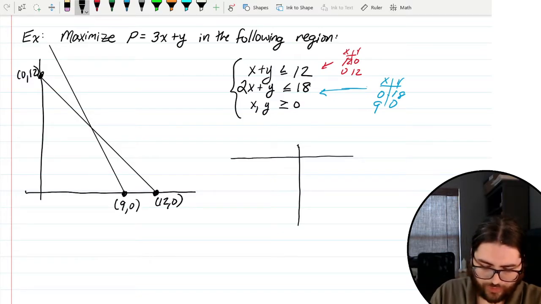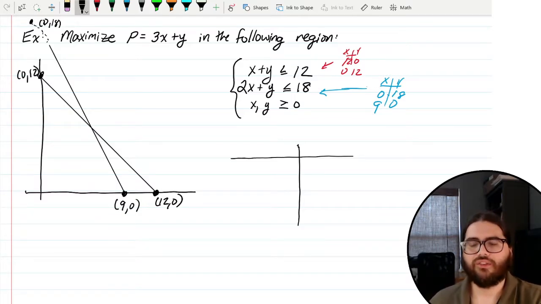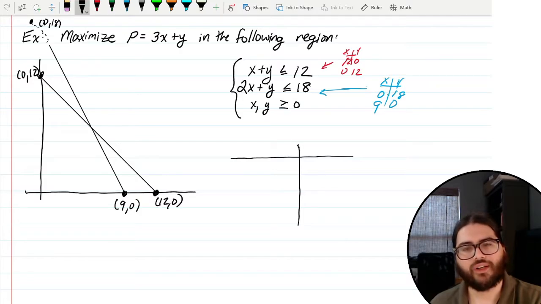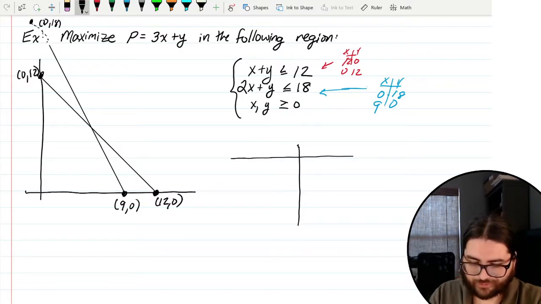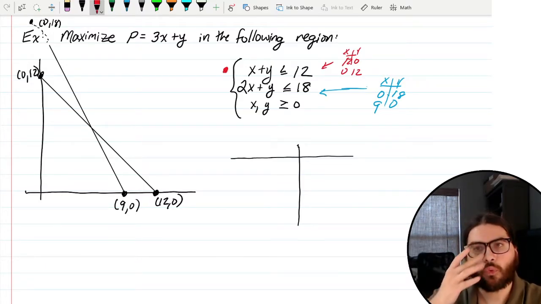If I followed this line up, I would be able to find 0, 18 up here. But because of the shading that I'm about to do, I don't actually need to find that point and mark it on my graph. When I'm doing my shadings, x plus y is less than or equal to 12.